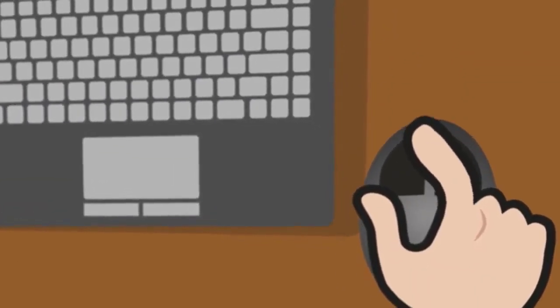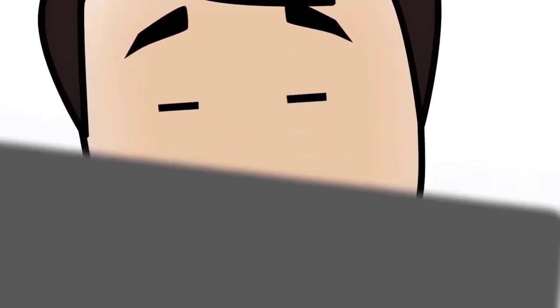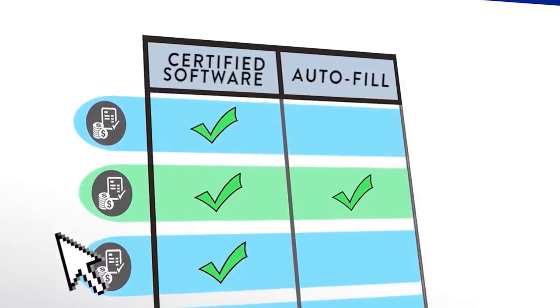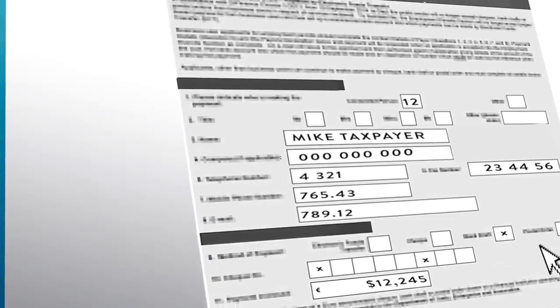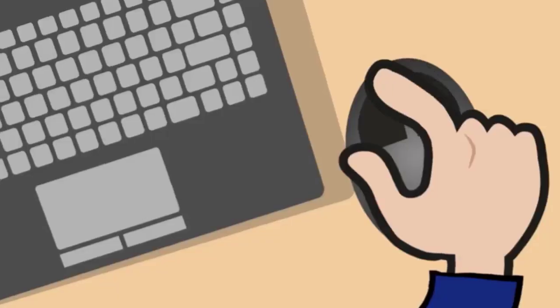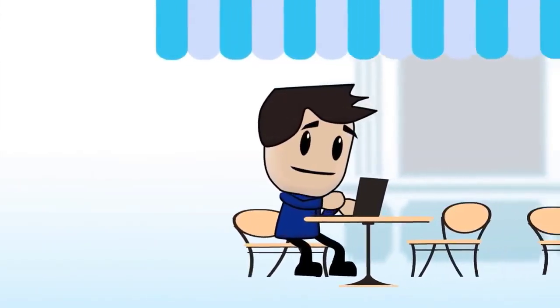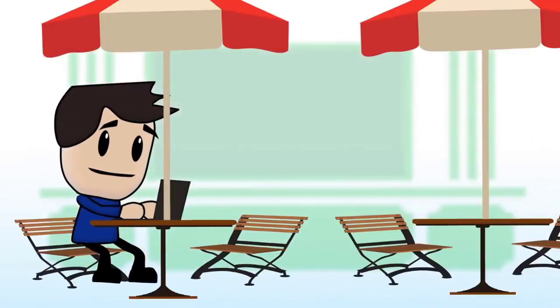If Mike used his security code to fully register for My Account, he can also use the CRA's autofill My Return service when he files online using certified software that includes that feature. Autofill My Return automatically fills in certain parts of his income tax and benefit return. What could be easier? But Mike thinks the best thing about My Account is that he can access the information he needs anytime, anywhere. Perfect for someone with such a busy life.